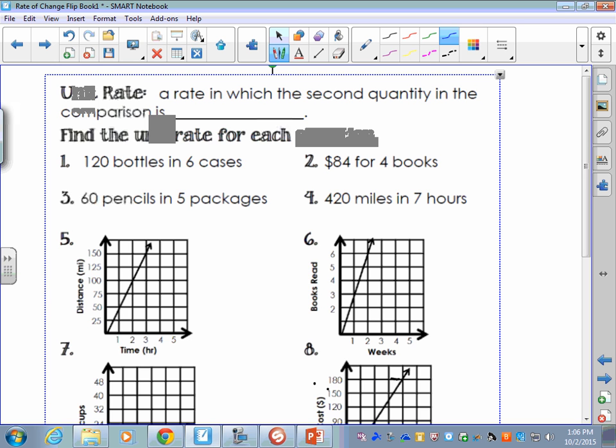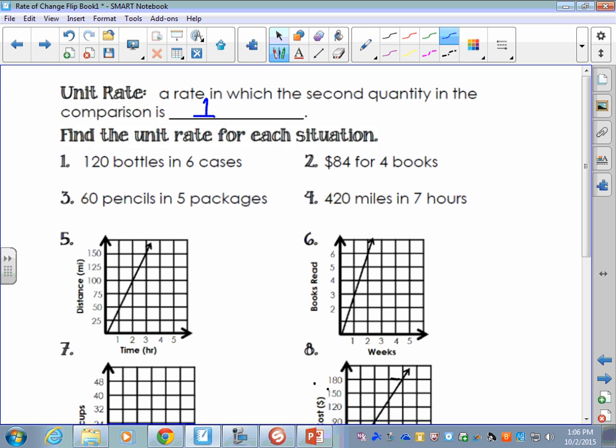Alright, unit rate. Unit rate is just finding a rate in which the second quantity of the comparison is 1. So, if I have 120 bottles for 6 cases, they want to know how much it would be for just 1 case. So you can do a proportion, or you can just divide. So what is the unit rate for bottles and cases? 20. Yeah, 20 bottles per 1 case, okay? Same thing, $84 for 4 books.